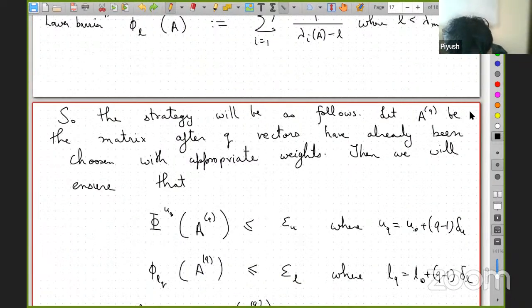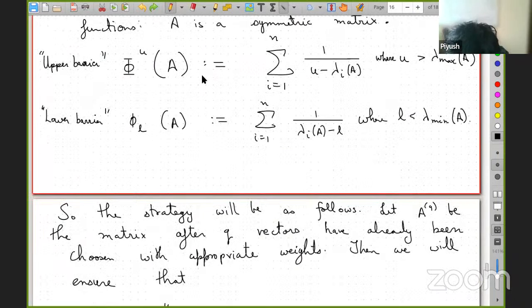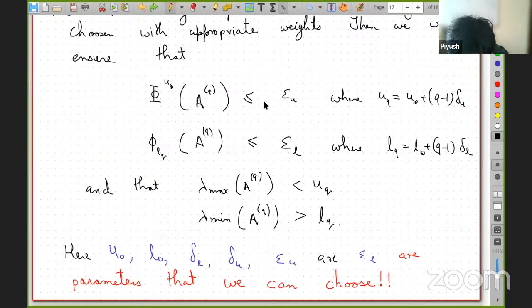So the goal is we want to keep adding vectors in such a way that these barriers change so they always remain bounded by epsilon_U and epsilon_L. So what is this saying? When is this barrier small?